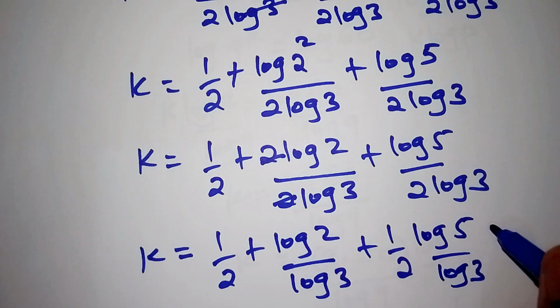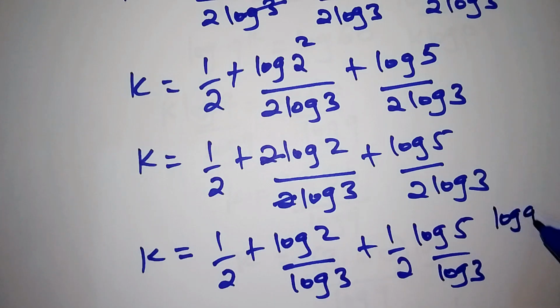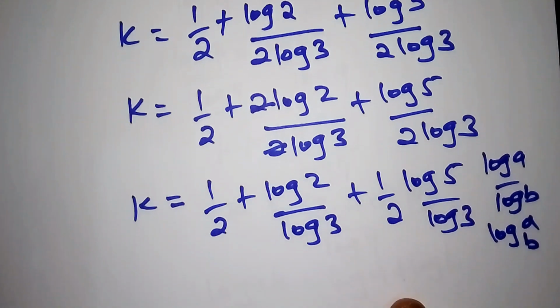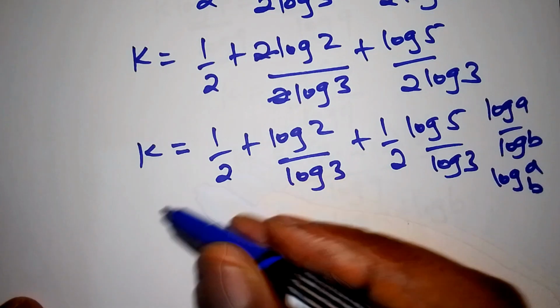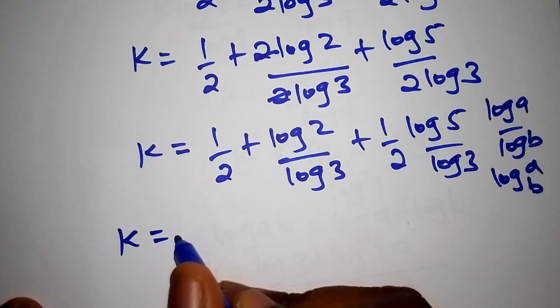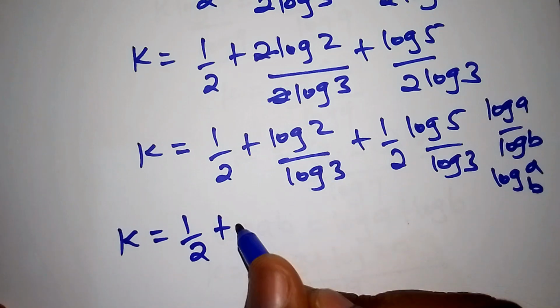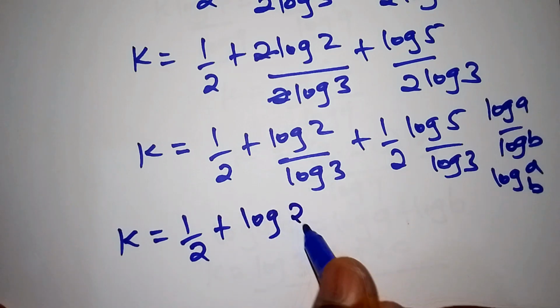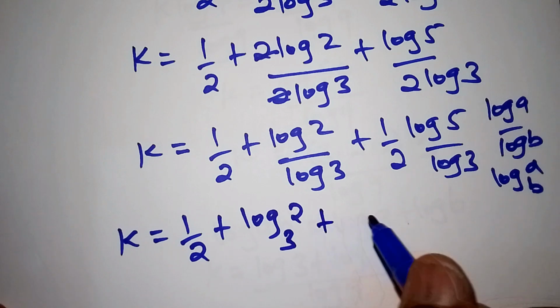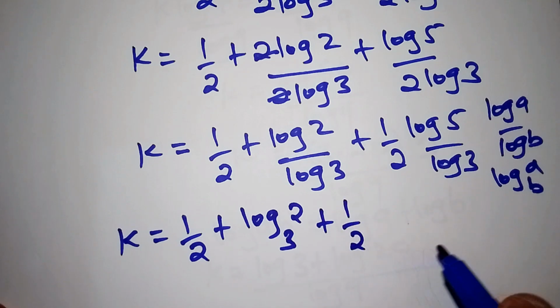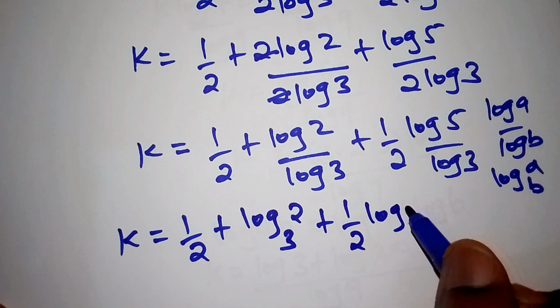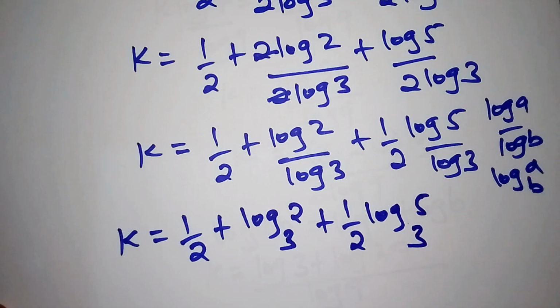Assuming that when you have log A all over the log B, this can also be written as the log of A to the base of B. So finally k is equal to 1 over 2, plus the log of 2 to the base of 3, plus a half the log of 5 to the base of 3.